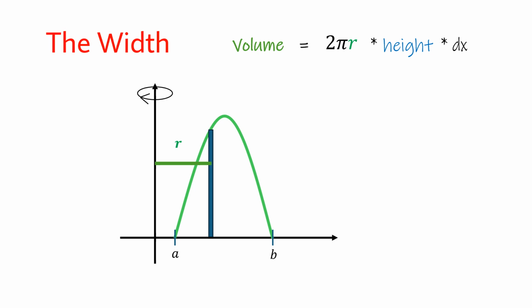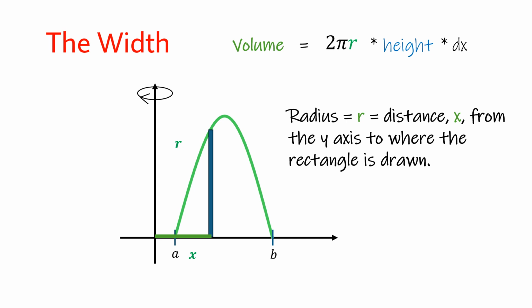I think this is less confusing when we actually put that radius out to the cross section, and it's easier to come up with the formula. So this distance is just associated with the x distance where the rectangle is drawn. So where we draw our rectangular cross section, that distance from the y-axis is going to be that distance of r. So we can just say r is equal to x.